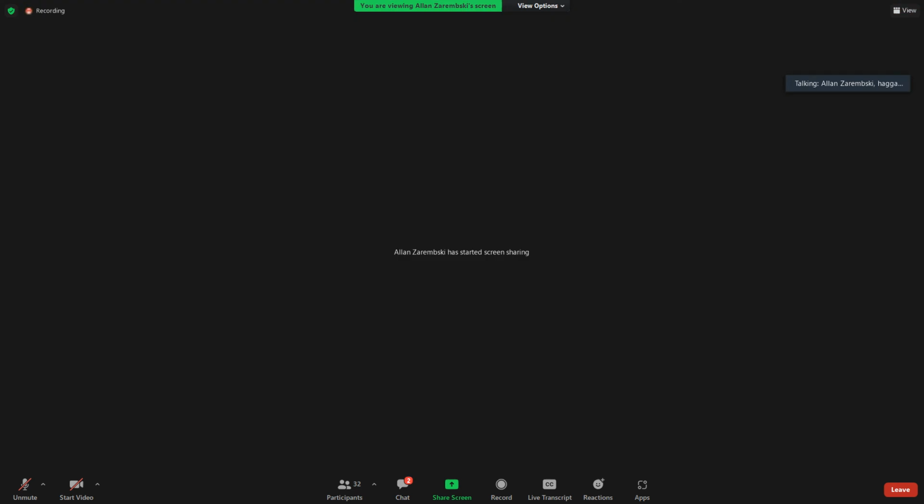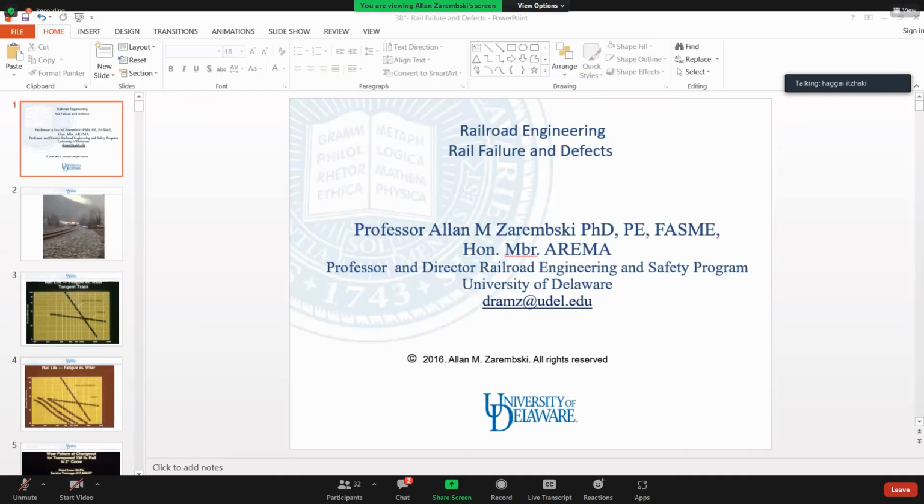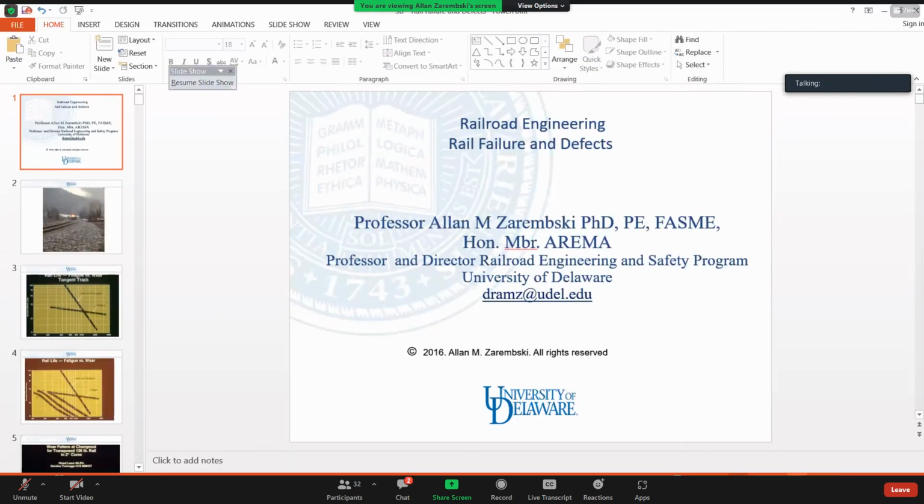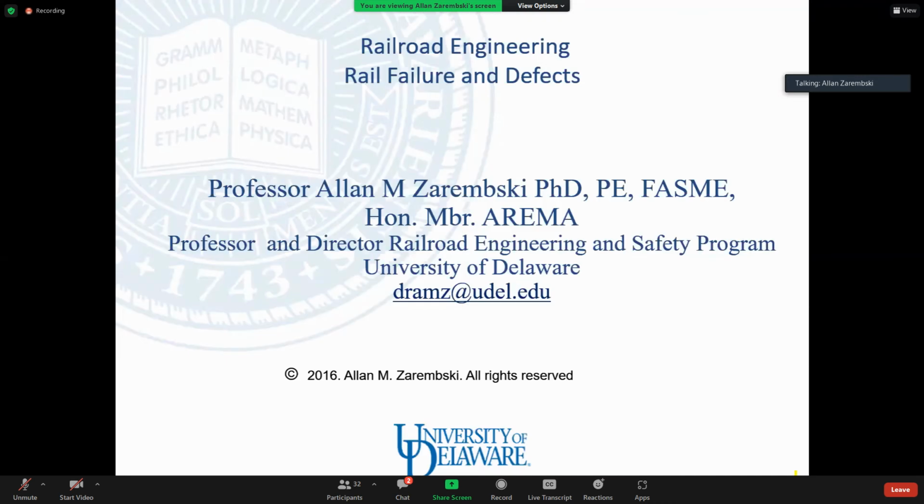Can I ask a question, Professor? Yes. How do you detect the corrosion in these cases? The Washington Metro Safety Department asked me the exact same question, and I said, good luck. There are no technologies available right now that can detect corrosion underneath the rail.